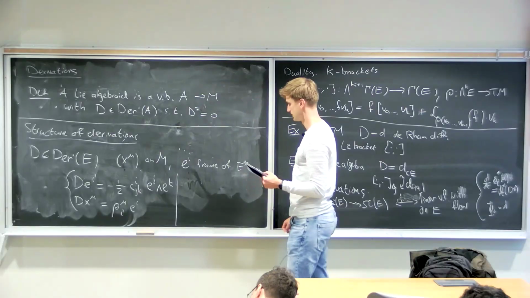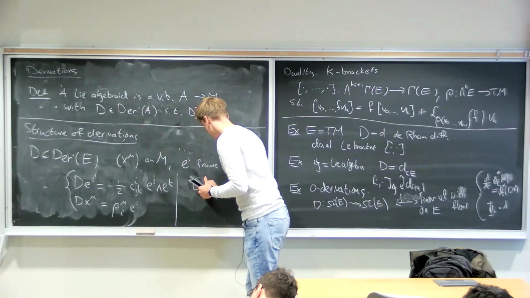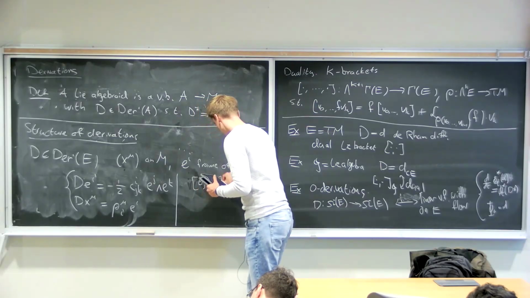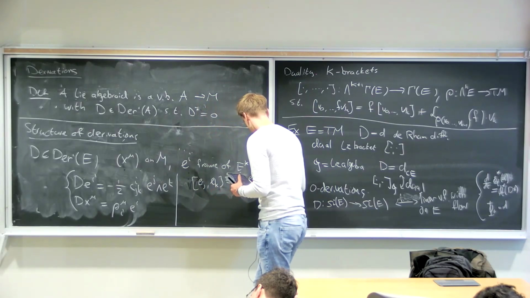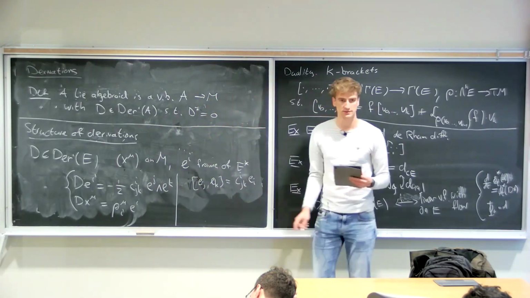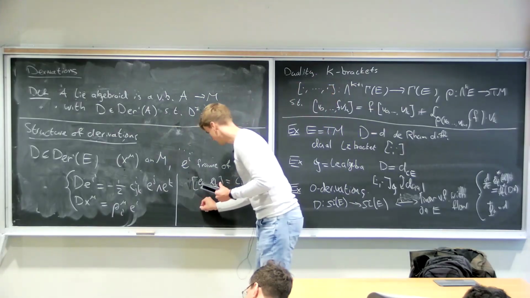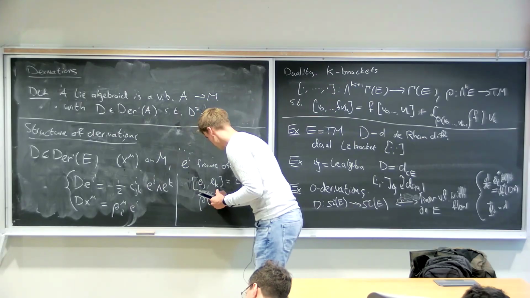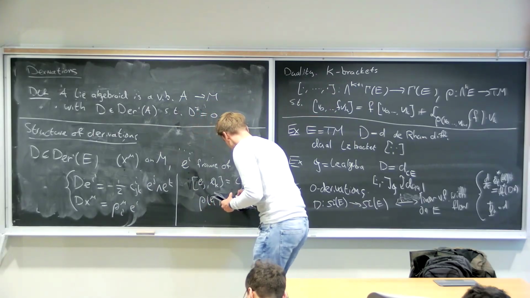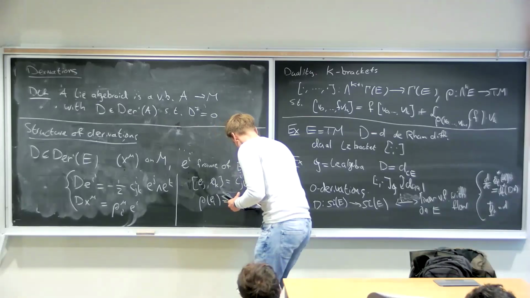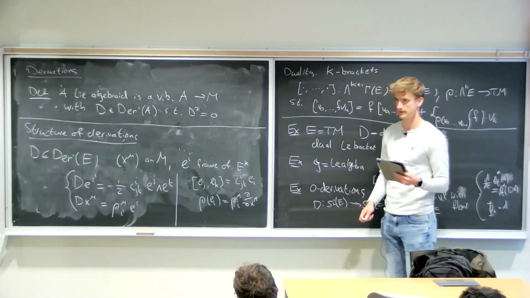They're functions on M, and the bracket satisfies [e_j, e_k] = C^i_jk e_i, in the dual basis, the dual frame of E, with anchor rho of e_i equals rho^mu_i d x^mu. So we get a map to the tangent bundle.